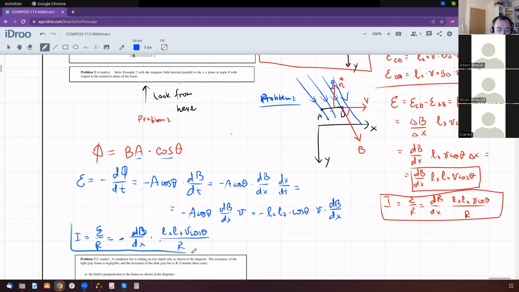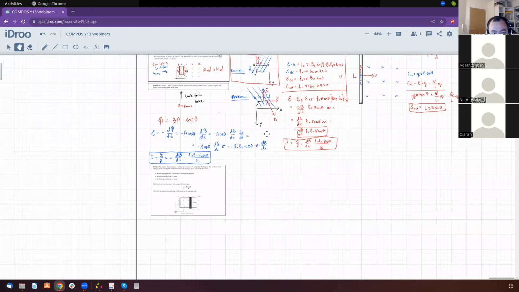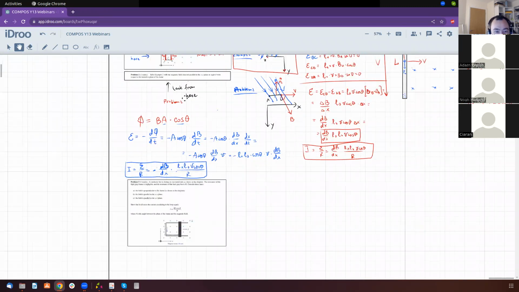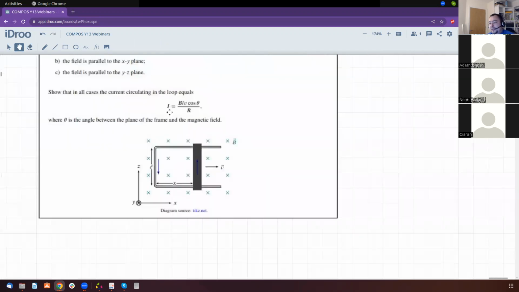So I've done problem 2 for you, so you can use this solution in your assignment. So I'll just circle that this is problem 2. Okay, the other problems are going to be easier.